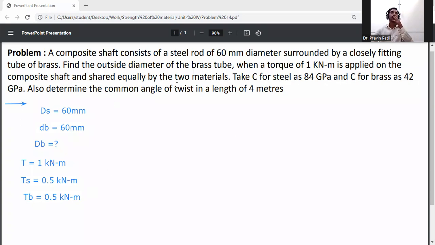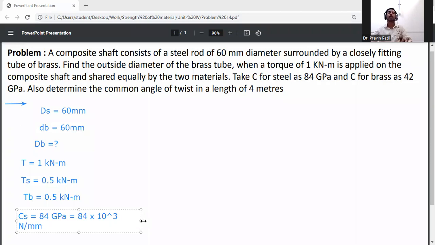Next, G for steel, the modulus of rigidity for steel, is 84 GPa. Convert it to Newton per mm square: when converting GPa to Newton per mm square, multiply by 10 raised to 3, so that is 84 into 10 raised to the power 3 Newton per mm square.